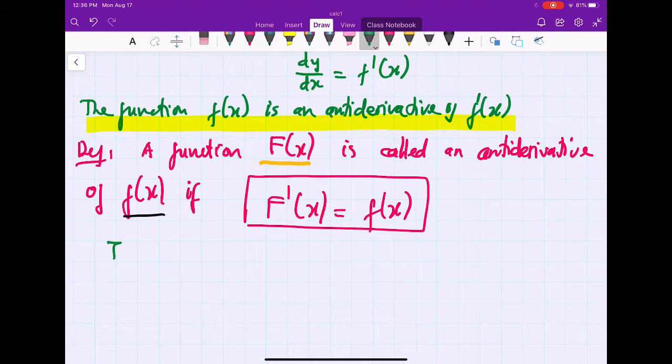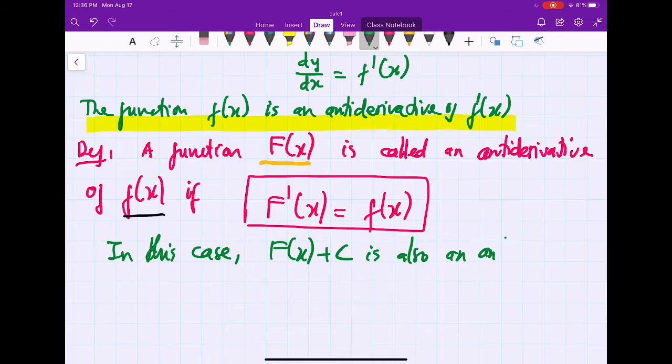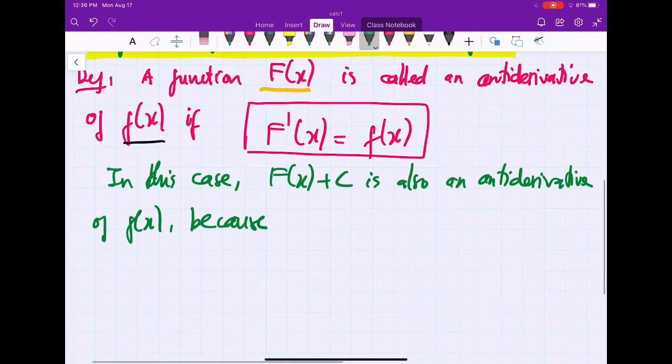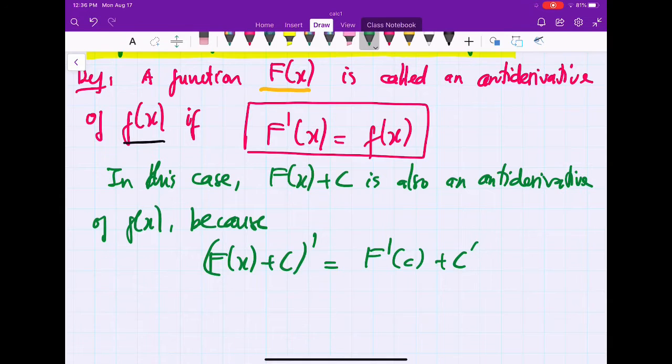In this case, F of x plus c is also an antiderivative of f of x, because when you differentiate this function, you get F prime and c prime, and c is a constant, so that is just f of x. I am explaining here, c is a constant.